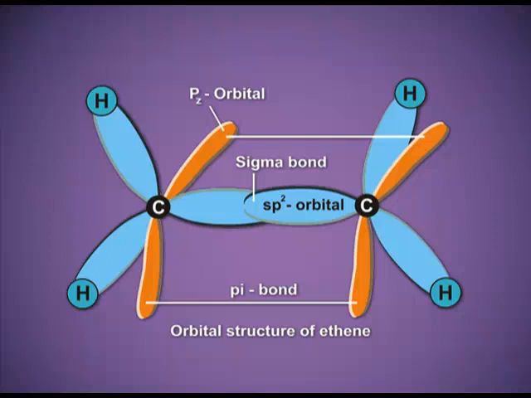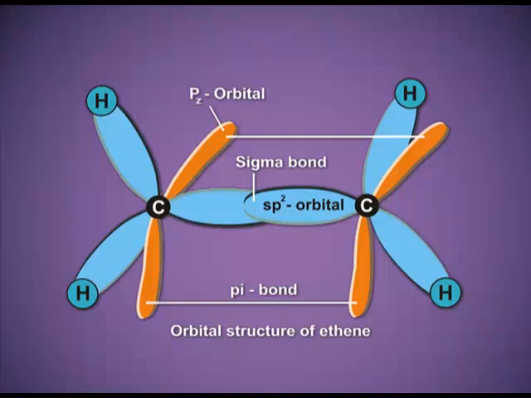The blue orbitals are sp2 hybrid orbitals. You can see that the sp2 hybrid orbital of one carbon is overlapping with the sp2 hybrid orbital of the other carbon, and the result is the formation of a sigma bond. And then you can see also the 2 sp2 hybrid orbitals of each carbon are making bond with the 1s orbital of the hydrogen.